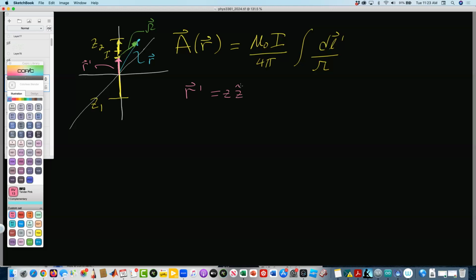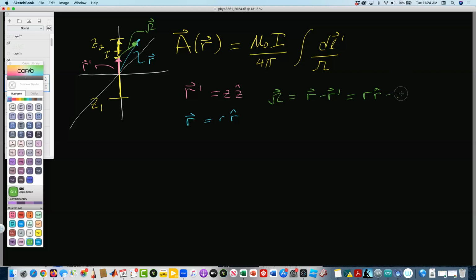And omega is of course r minus r prime, and that's going to be r hat, and we'll change all this to Cartesian or whatever later, minus z hat.